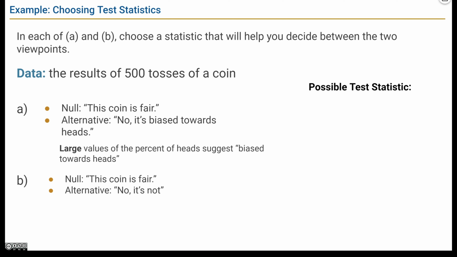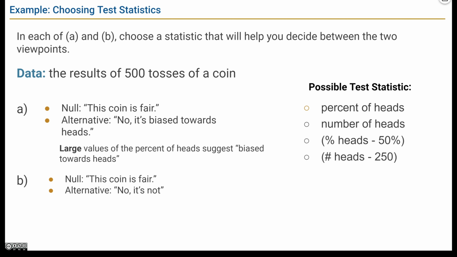So I can basically use, for example, the percent of heads or the number of heads or the percent of heads minus 50 or the number of heads minus 250. For large values of any of these test statistics, they will be suggesting the alternative, right? So those are great ones to use.